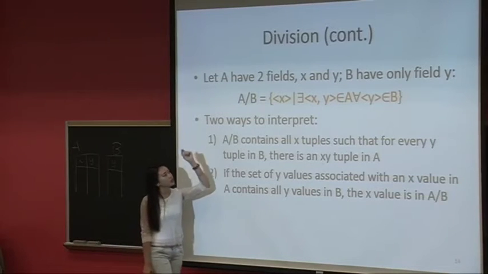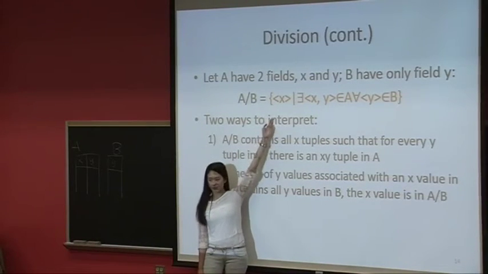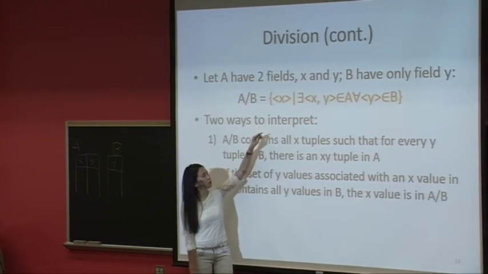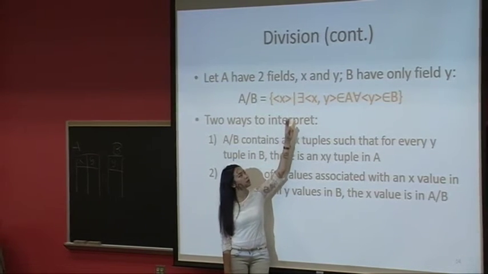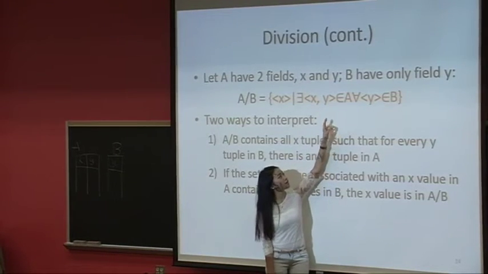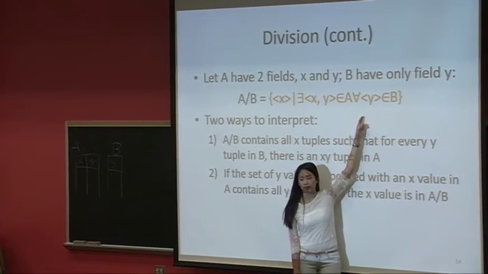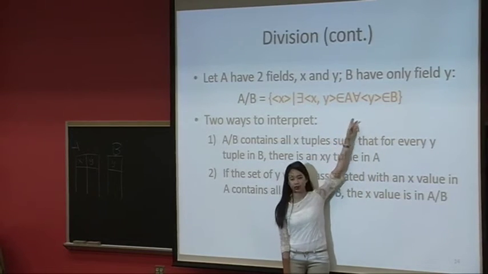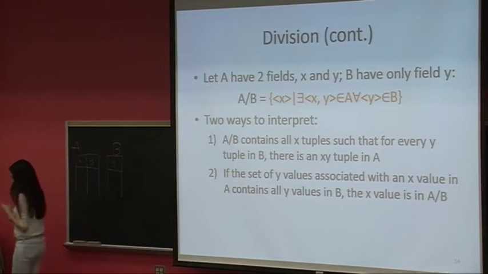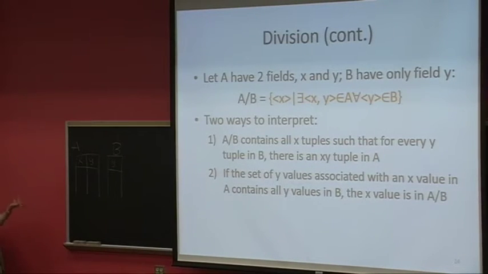According to the definition, we want to get all of the X that satisfy the condition where there exists a tuple xy in A, so that for all y in B, the tuple xy is in A. That's the definition for A taking a division on B. We are finding the x in A that associates with all of the possible y that appear in B.